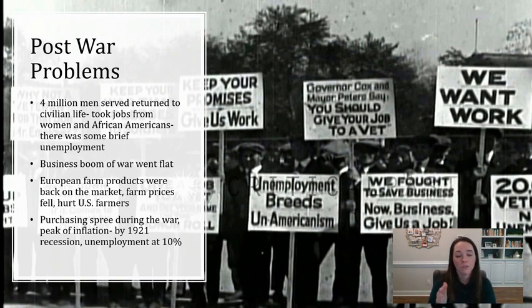Farm prices fell. It's going to hurt U.S. farmers. There's going to be a purchasing spree after the war, which I already talked about. Inflation a little bit. Again, that recession's going to happen, but it's going to kind of bounce back for the Roaring 20s. Okay. But there was a brief recession, but that's to be expected.